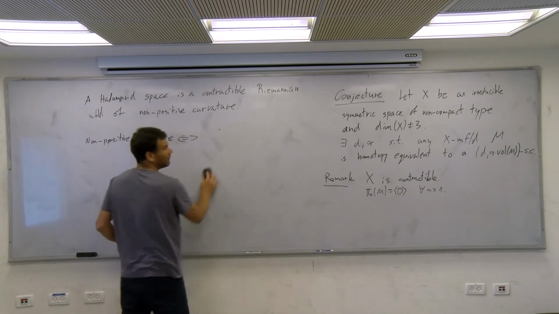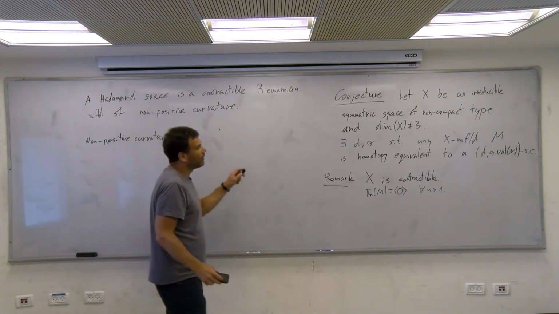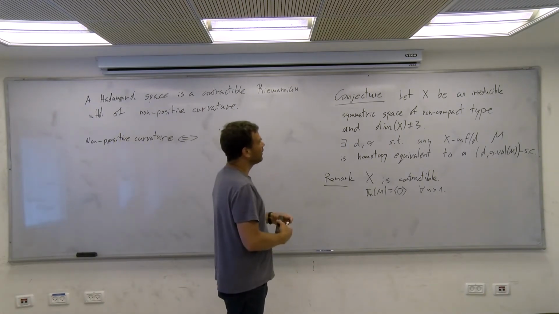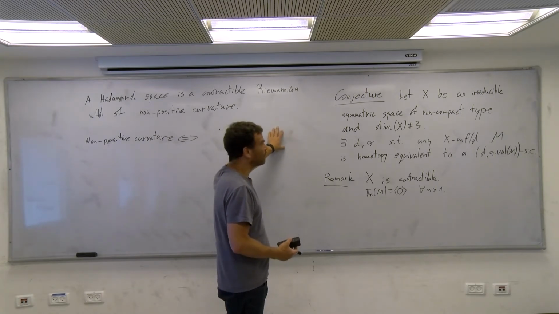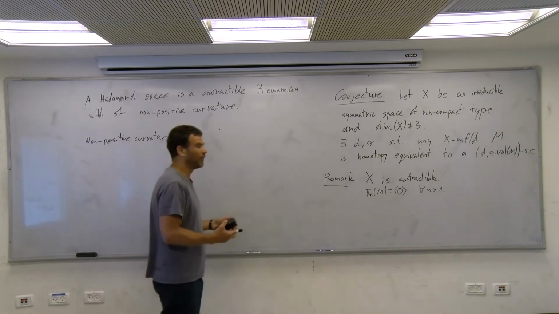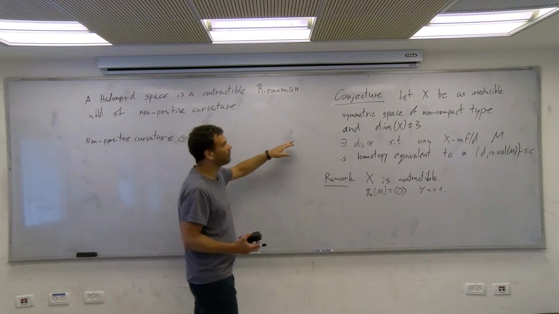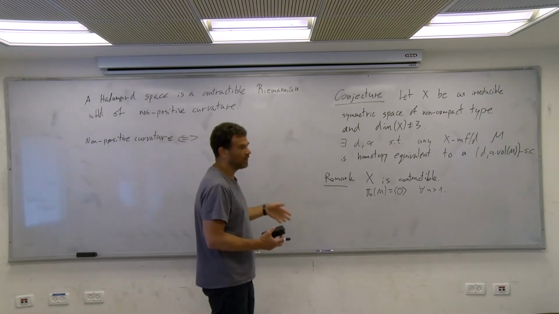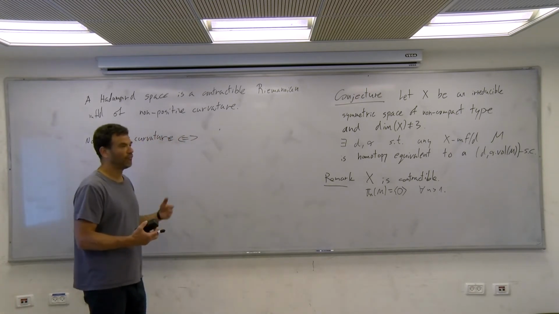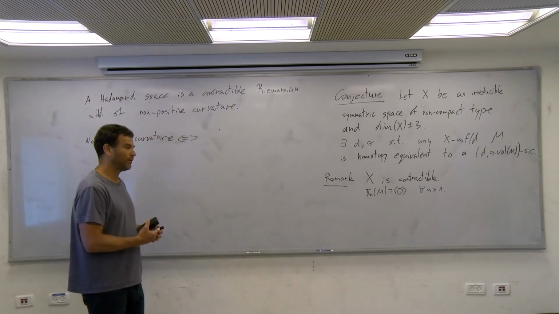Is this false for Hadamard manifolds? For Hadamard manifolds, it's a question. First, it is false for non-analytic Hadamard manifolds, if the metric is non-analytic. But it should be true for negatively curved, even if it's non-analytic. And I think it should be true for non-positively curved if you assume analytic.